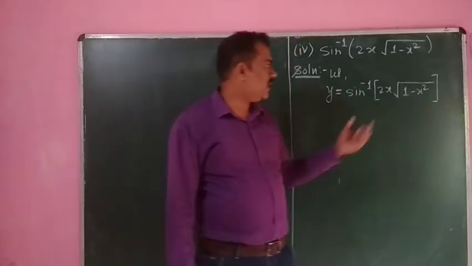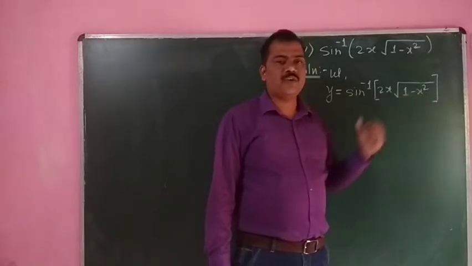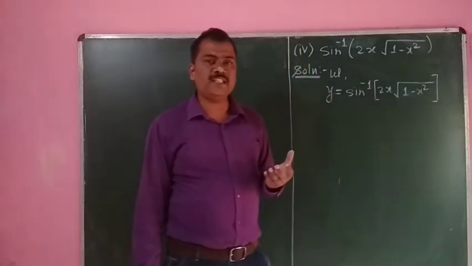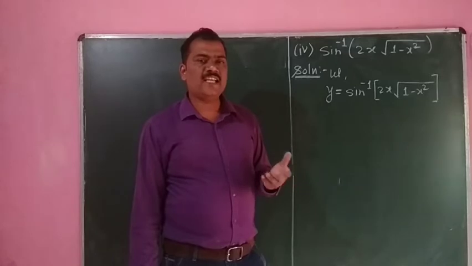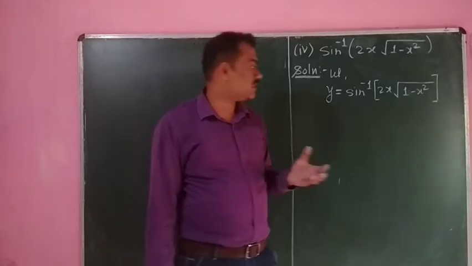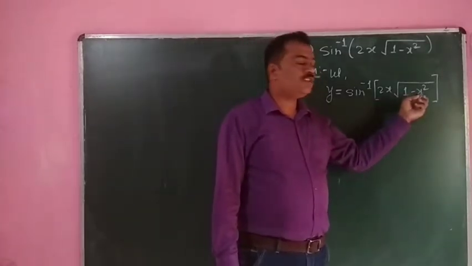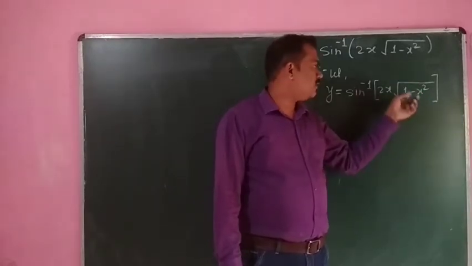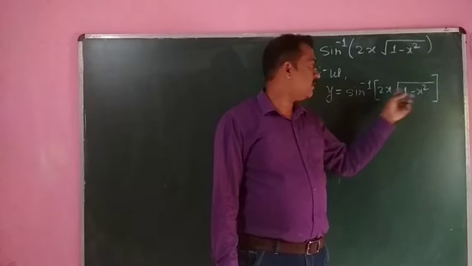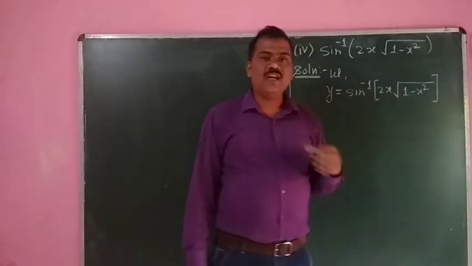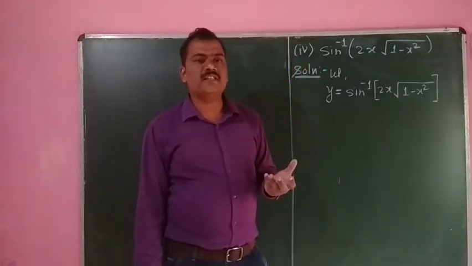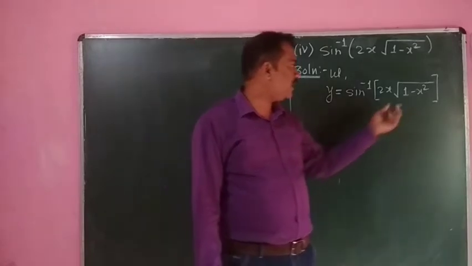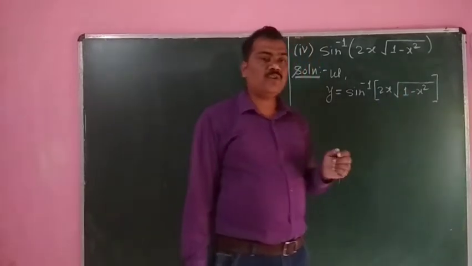Another method is that we use this 1 minus x square and replace x by a trigonometric function, sin, cos, tan, cot, sec, cosec. If we substitute sin here, that is 1 minus sin square theta, which is cos square theta. Square root and square get cancelled, that is cos theta, so 2 times sin theta into cos theta. We already know that formula is sin of 2 theta.